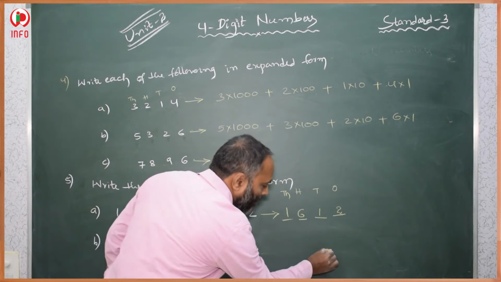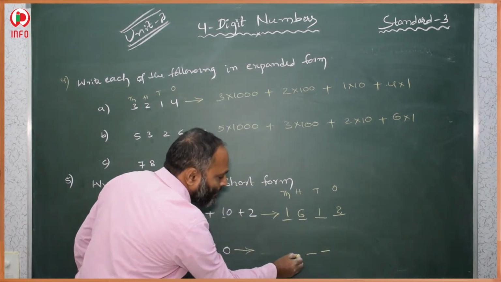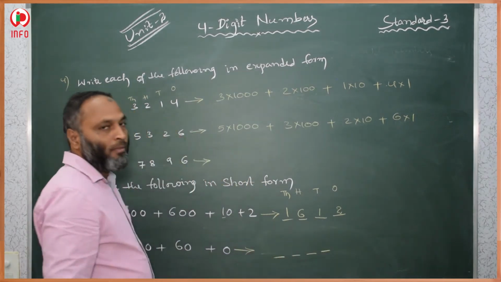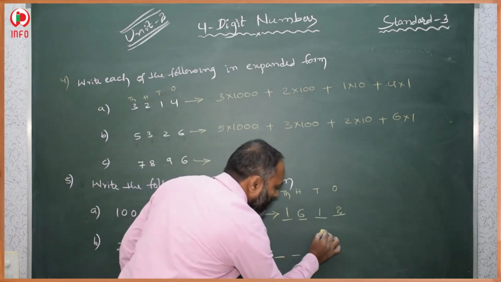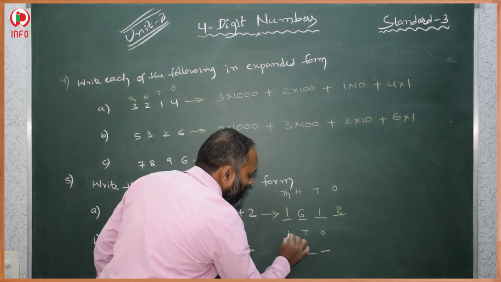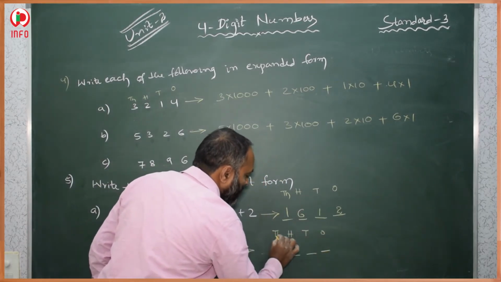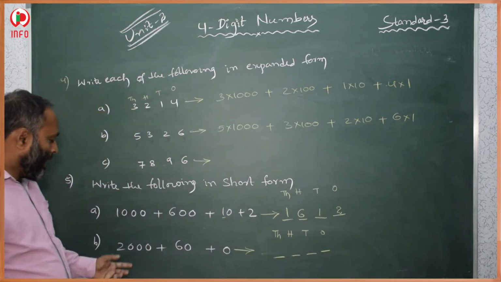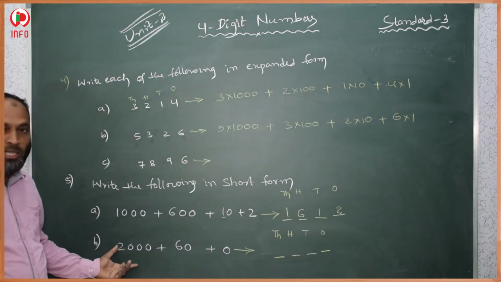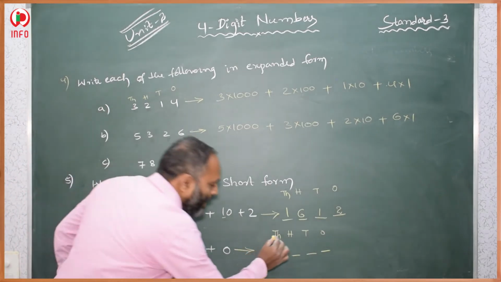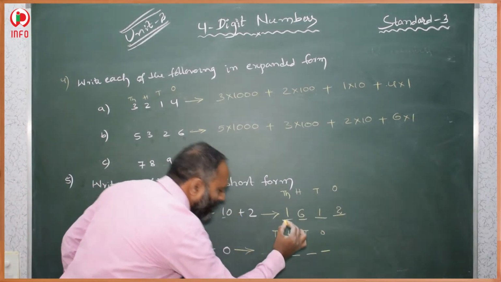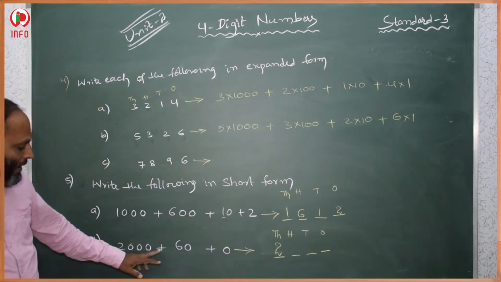So how to convert this into short form? First 4 digits, 1, 2, 3, 4. This is ones place, this is tens place, this is hundreds place, this is thousands place. Here in thousands place 2000 is given. It means in thousands place 2 comes. Then here 60 is there.